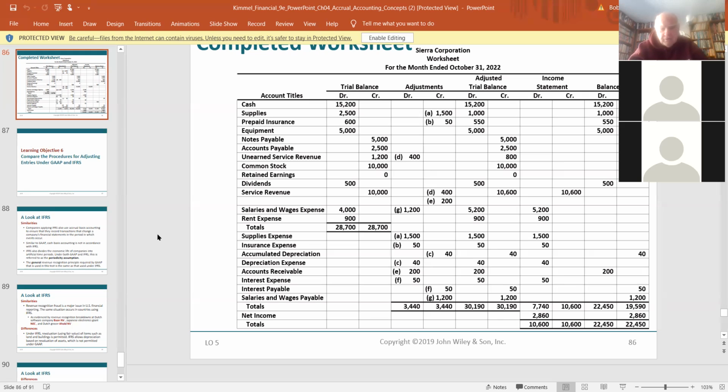But until you get comfortable with the debits and credits, you'll be fighting a little bit. But you're doing good. I can tell you're picking it up. Master those debits and credits. It makes life so much easier for you. I'll put in the time this weekend to memorize it.